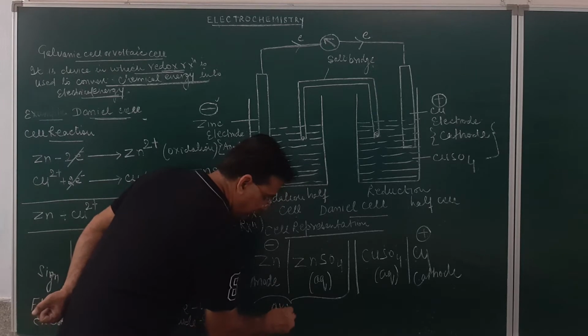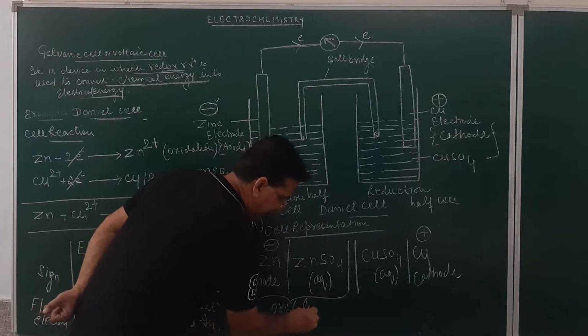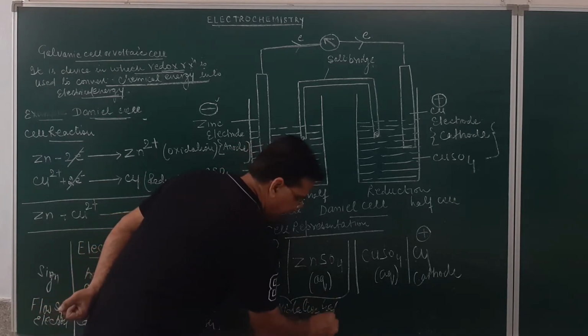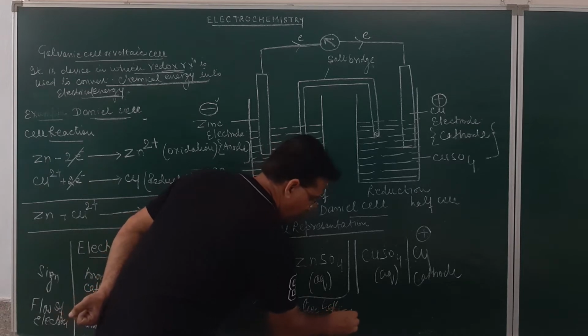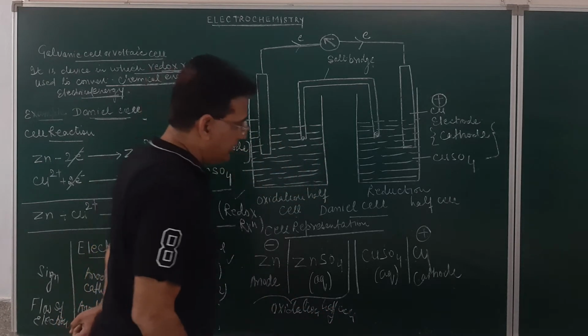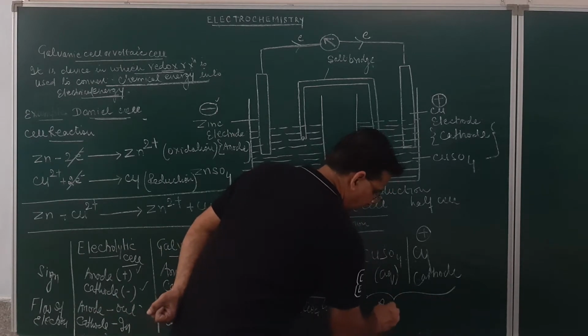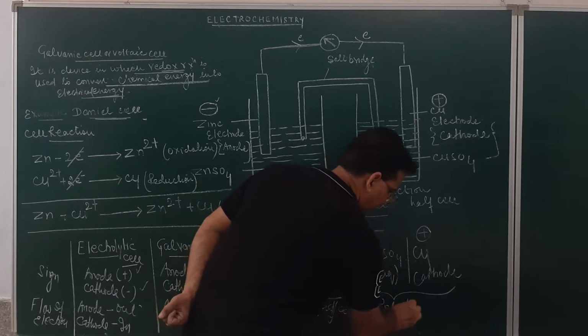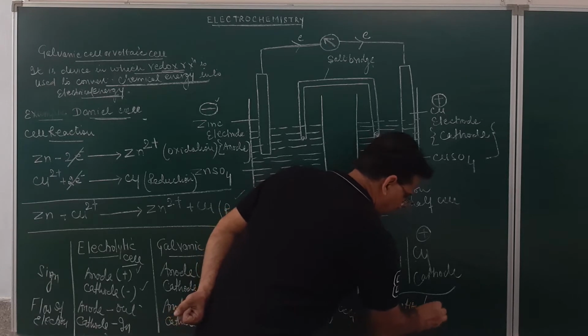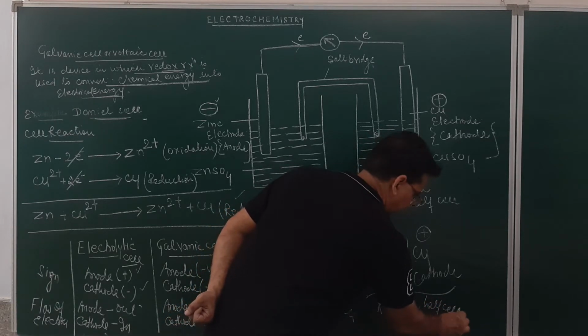So, what do we call this half cell? It is called the oxidation half cell. Am I clear? Here, this will be called the reduction half cell. So, we have an oxidation half cell and a reduction half cell.